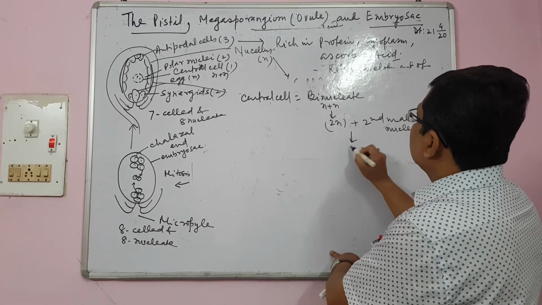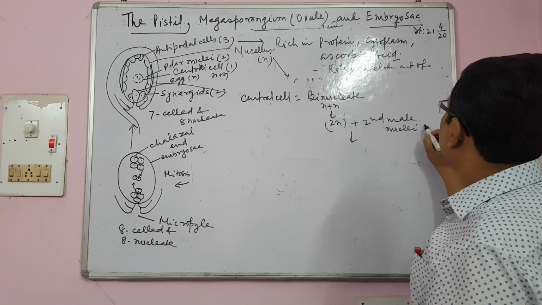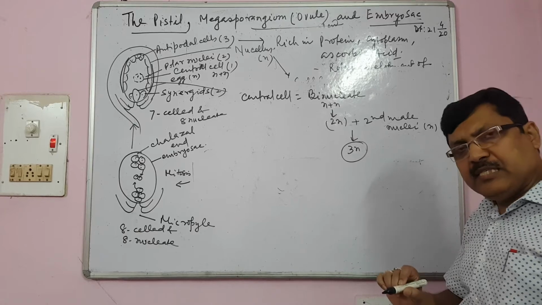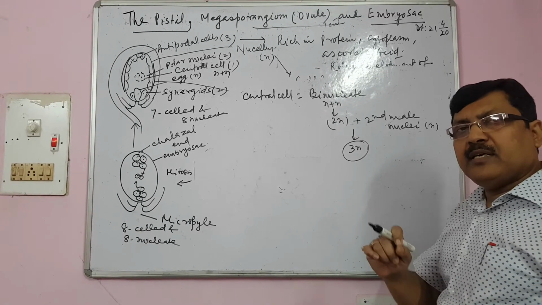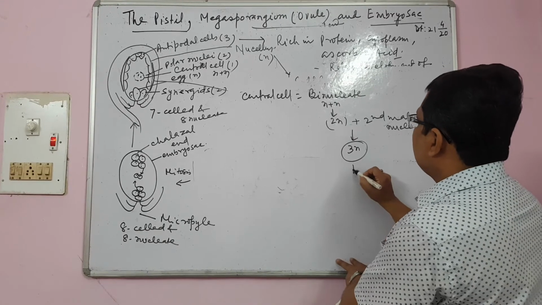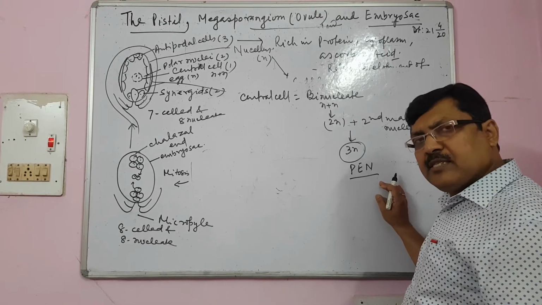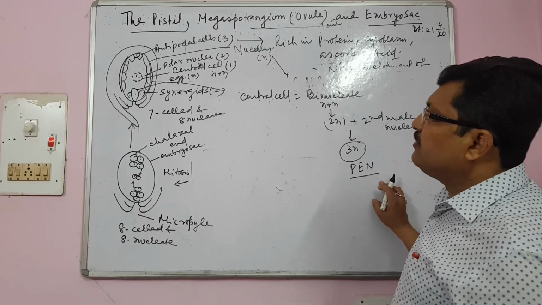Finally 2n plus n forms 3n, and the initial structure is the primary endosperm nucleus, PEN. This is the future of the central cell.